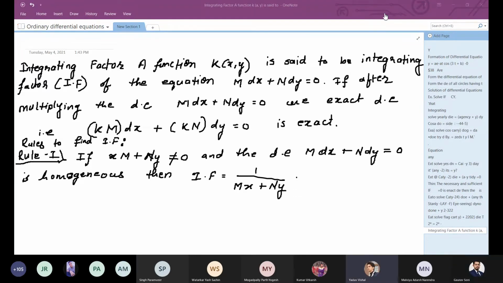Yes, sir. What is a homogeneous differential equation? Sir, actually, they are the differential equations having the functions of the same degree. Which functions are having the same degree?